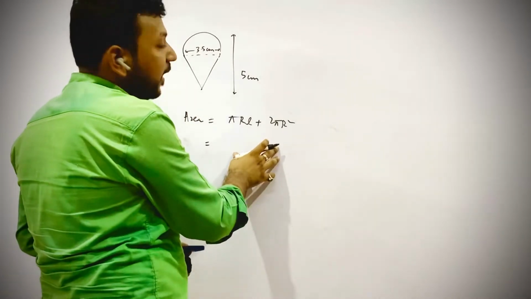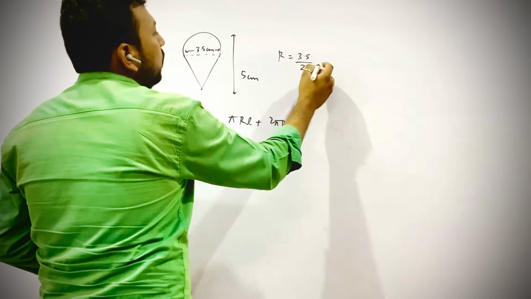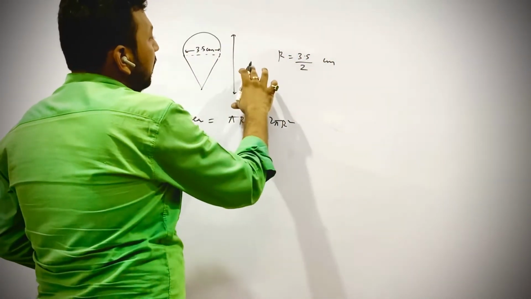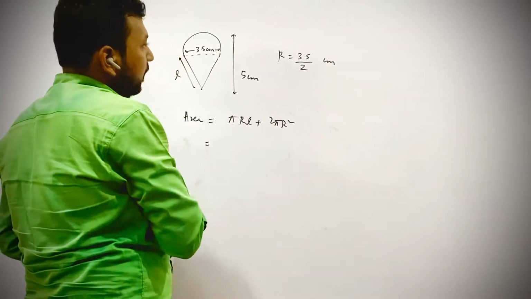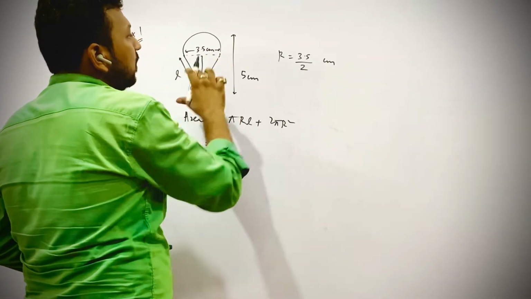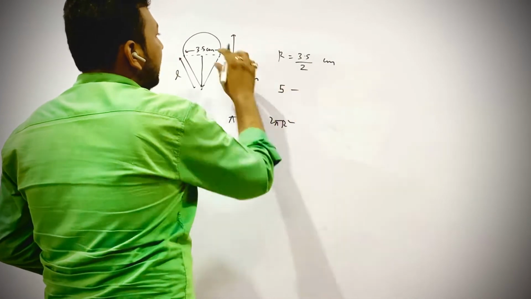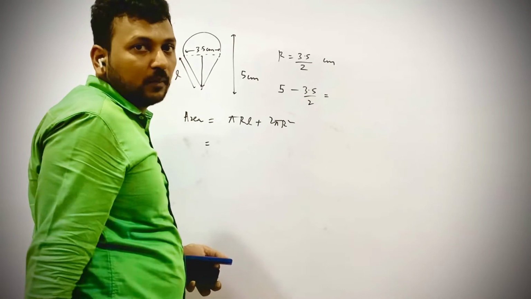Now we have to put the values. What is r? So r is 3.5 by 2 centimeters. This is the diameter, this is the r, right? Now what is L? The slant height. So first of all, let us calculate this. This is how much? Total minus r. That means 5 minus this length, which is 3.5 by 2. Right?